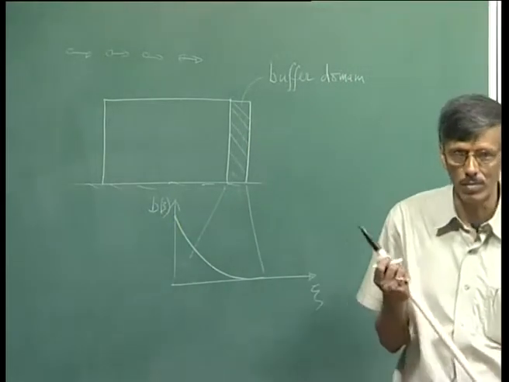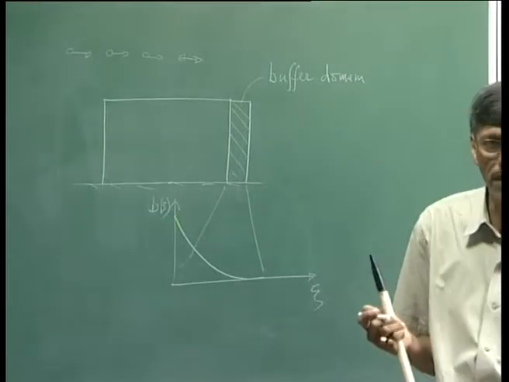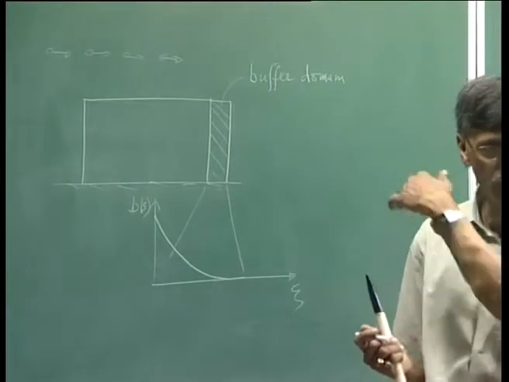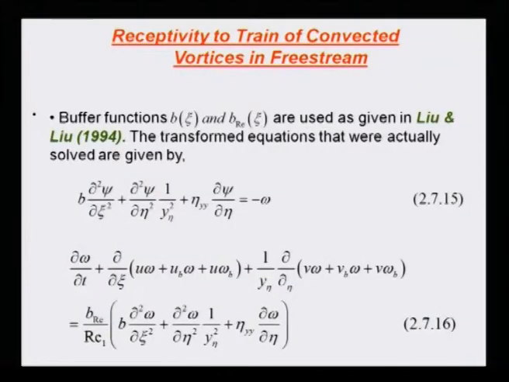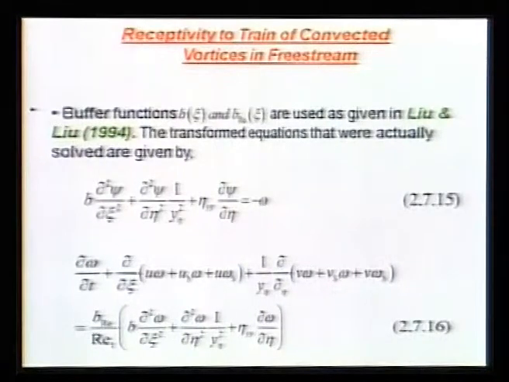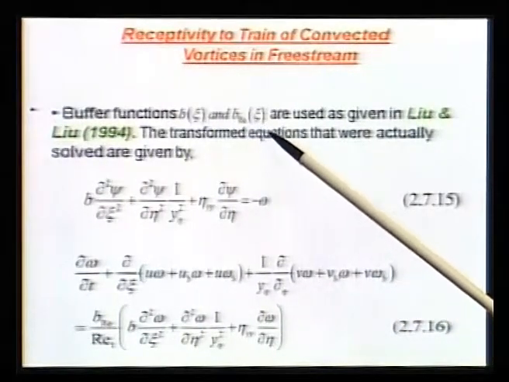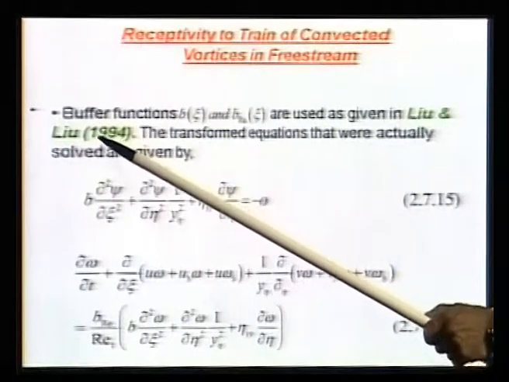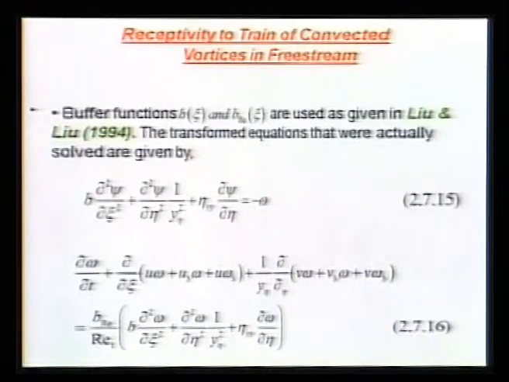So, how do you do that? You should have a function that grows with xi. That is the role of this. You can see these two buffer functions, b of xi and BRE of xi. These were taken from this paper by Liu and Liu and solved for this.